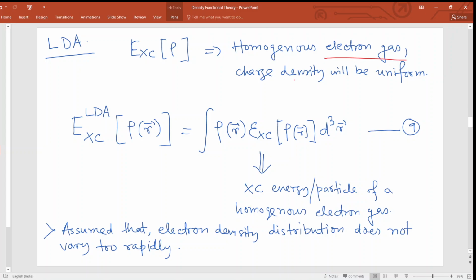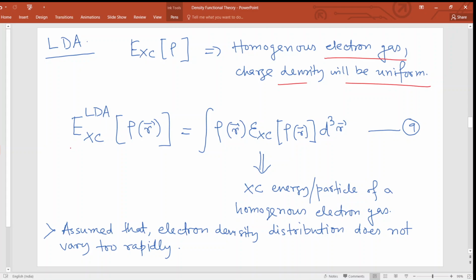As a result, rho, the charge density, will also be uniform for this case. So it's basically a uniform electron approximation. This is kind of like a Fermi gas system which we have studied earlier also.